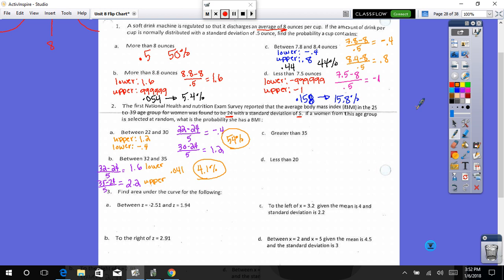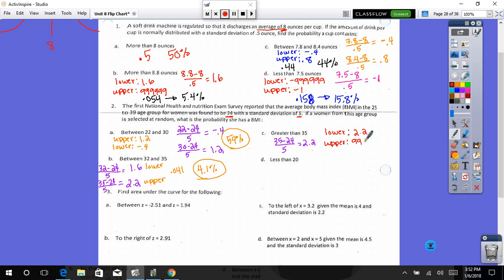Okay, coming over here to my greater than section, let's figure out his z-score. Actually, I already know the z-score for 35. I did it right here. 35 minus 24 over 5 gave me a z-score of 2.2. So I'm looking for everything above that. If I'm looking for above, then my greater is my unknown. Don't forget that. Greater than, so my lower is 2.2, my upper is what I don't know.